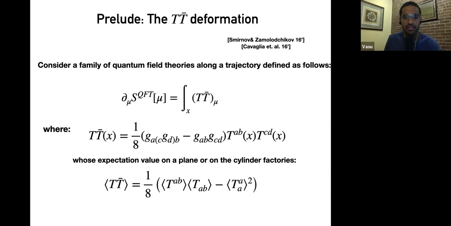The idea, roughly, is to infer a flow equation for the energies from this kind of equation for the partition function or the action. We write stress tensor components in terms of the energy and the pressure and the momentum. Then on the left-hand side, we have a derivative with respect to the deformation parameter of the energy itself, and we infer that the energy must have a certain flow equation. In that way, we understand how the energy levels are deformed level by level. I'll explain this a bit more slowly.